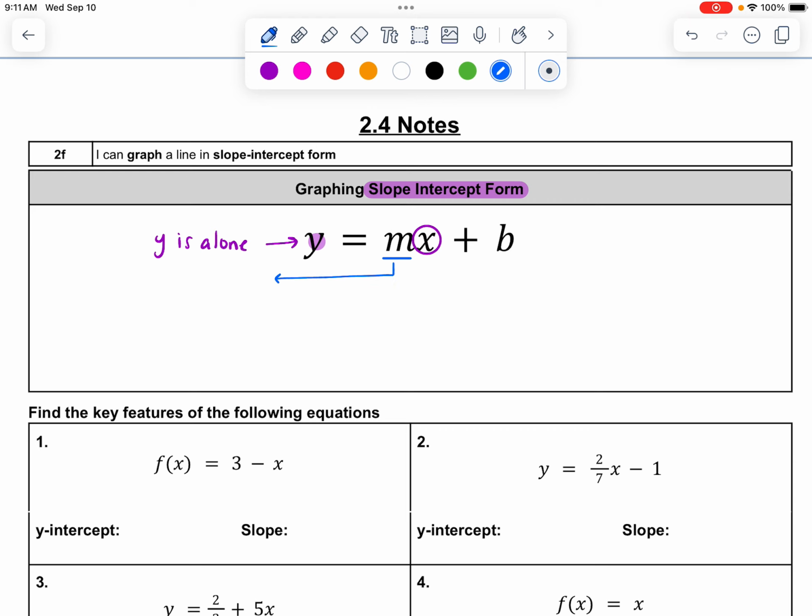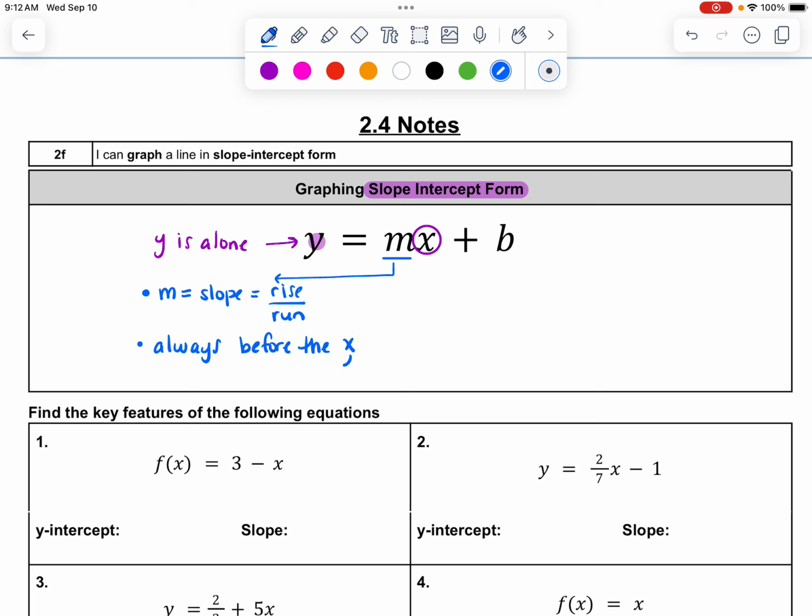In this equation, the m is the slope, which means it's going to tell us the rise and the run that we should use when we make our graph. The other thing we should know about m is that it is always before the x.